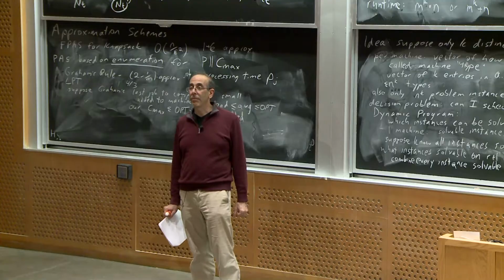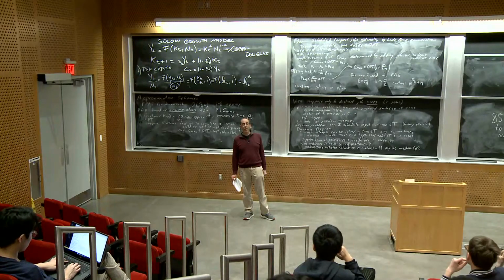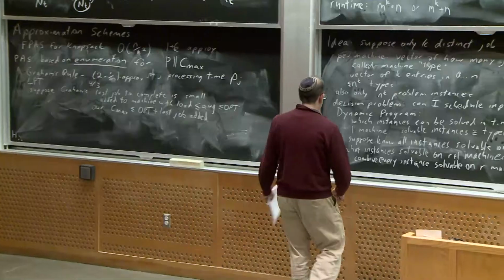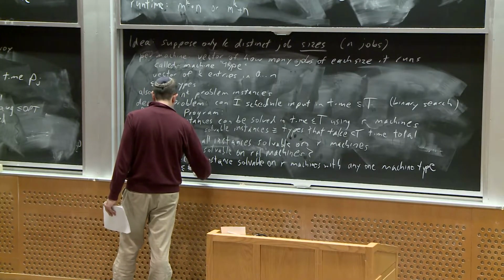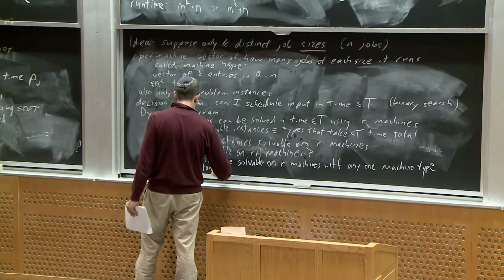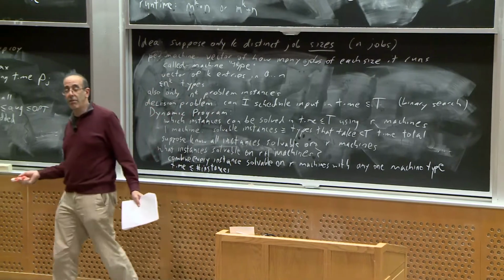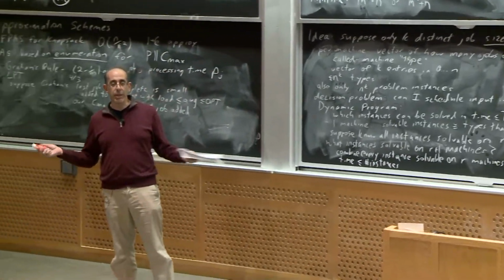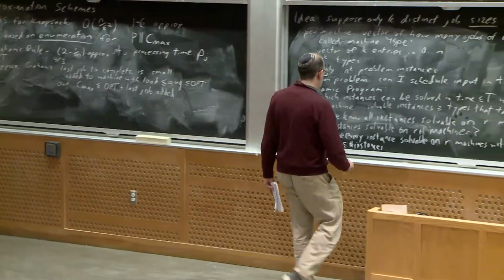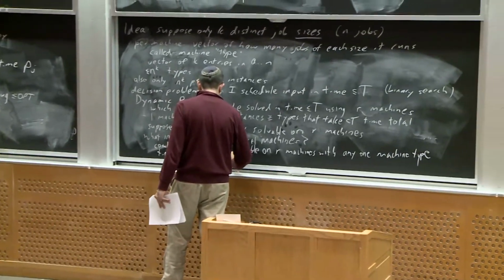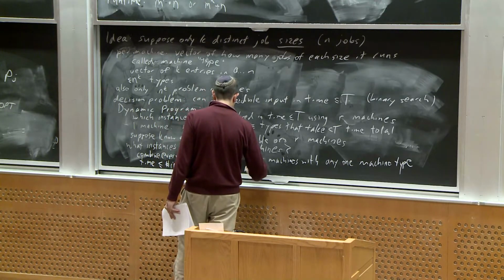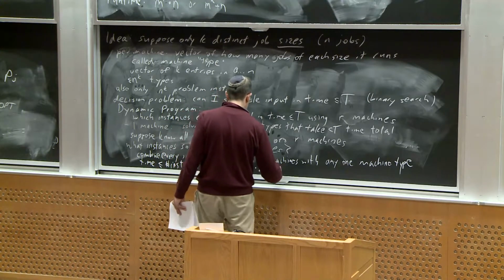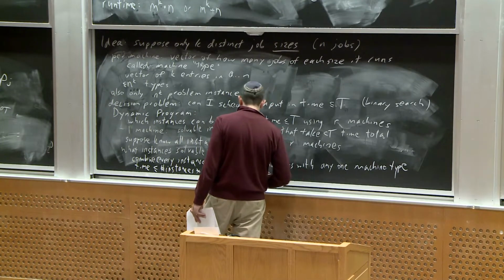To consider every possible combination of a solvable instance on R machines with one more machine type. Exactly. Time is, at most, the number of instances. We're looking only at the instances that are solvable with R machines, but that's bounded by the total number of instances, times the number of types, which, as we've already seen, is at most n to the k times n to the k, or n to the 2k.